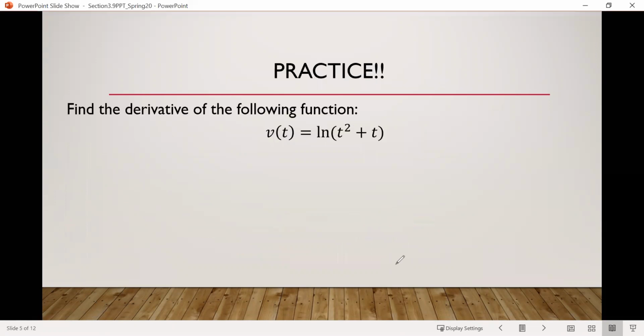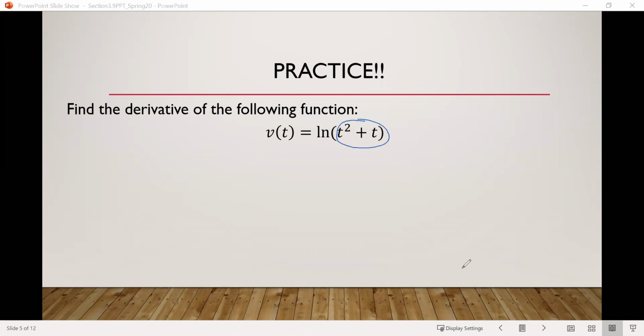All right, so let's use some of that information to find some derivatives now. So let's say we have a function v of t equals ln of t squared plus t. So notice here, to use our new knowledge about derivatives of logarithms, that we have a function within a function here, so we're going to have to use the chain rule, right?